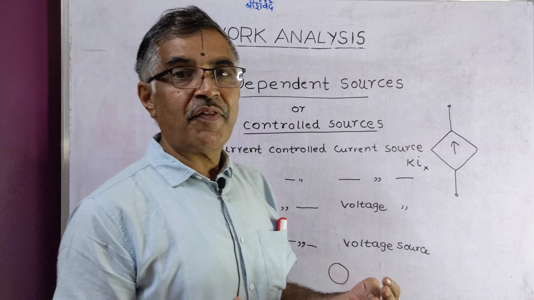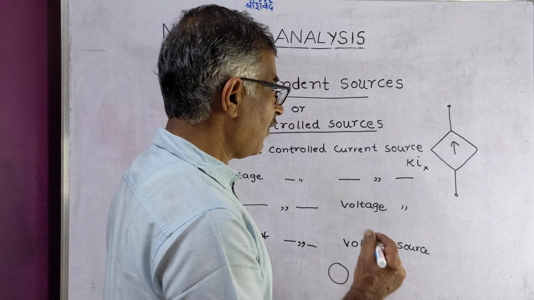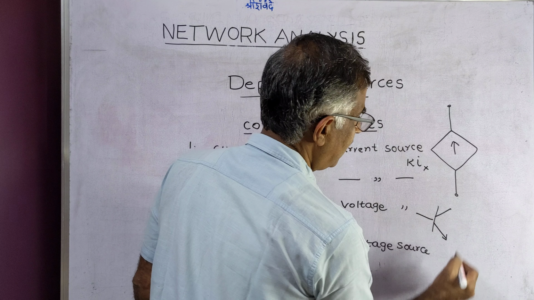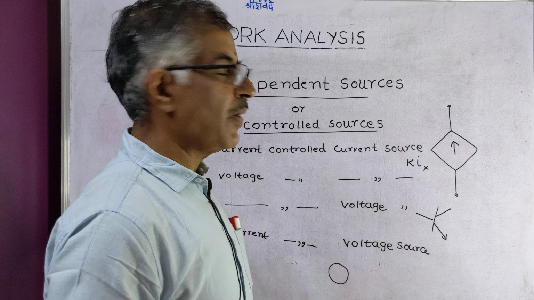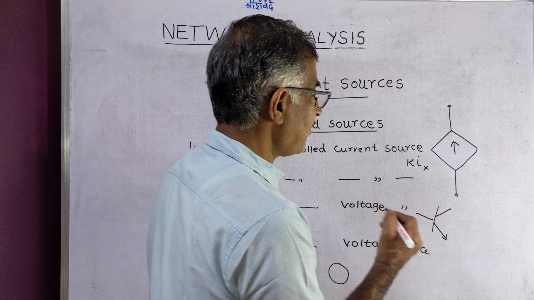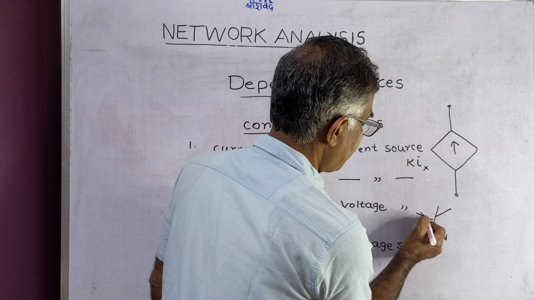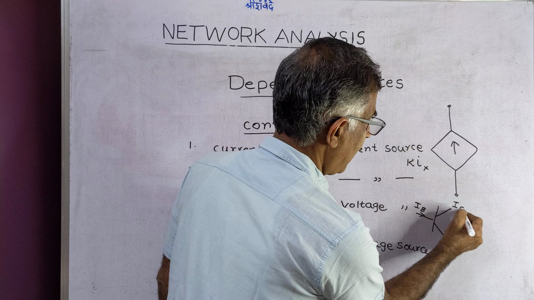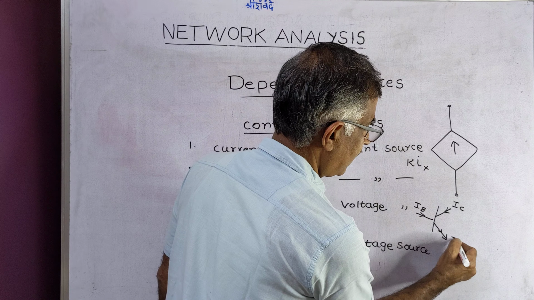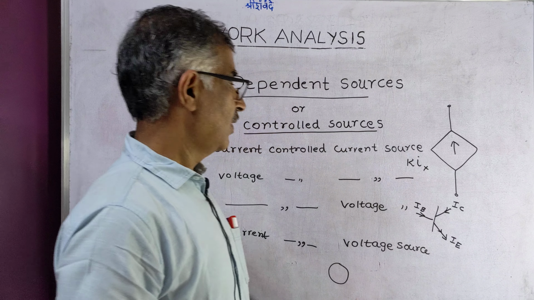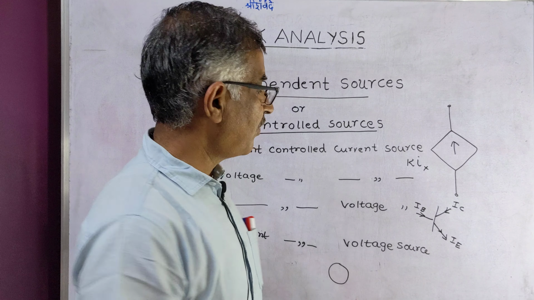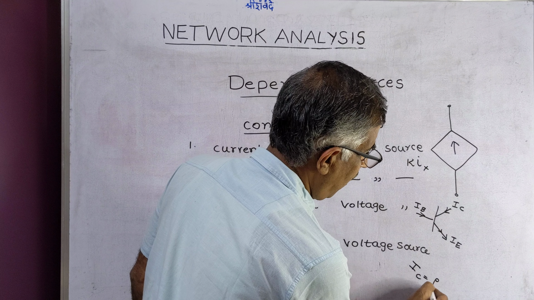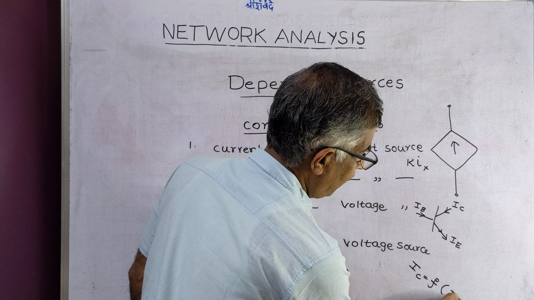I will give the example of a transistor. In the case of a transistor, for example, take NPN transistor. So as there are three currents, base current, collector current, and emitter current. These are the three currents. The current on the collector side, that is output side, IC, is a function of base current.